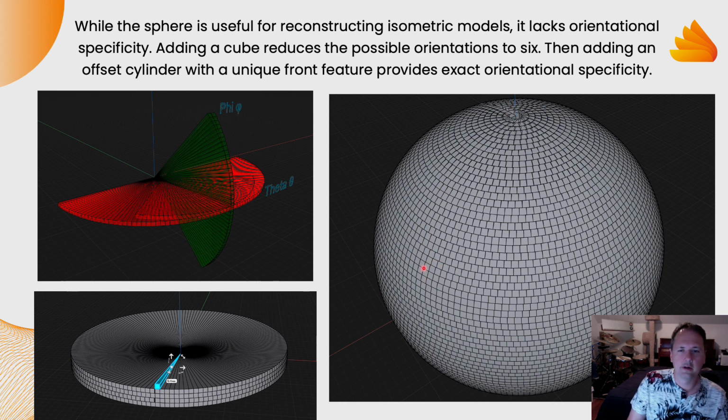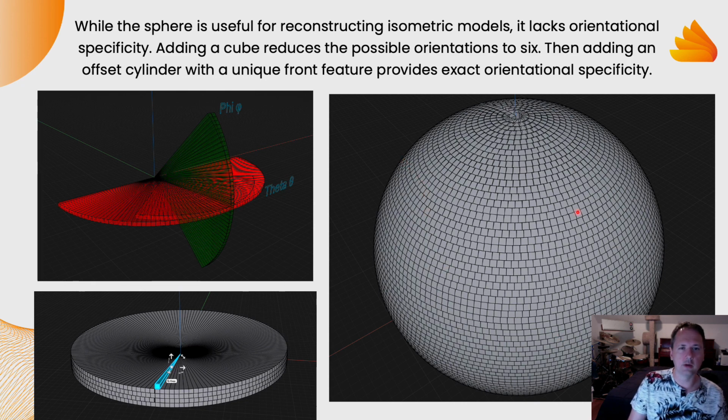A sphere is a very aesthetic, symmetrical thing, but that can also be a problem, because if you have this perfect symmetry in multiple different directions, you don't have specificity. You don't really know whether the sphere is up or down or left or right. So a bank with only spheres wouldn't have the orientational specificity that you might desire.